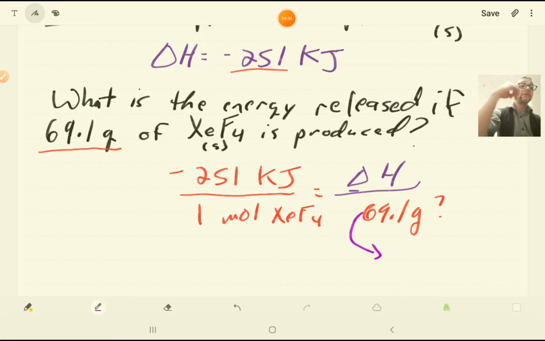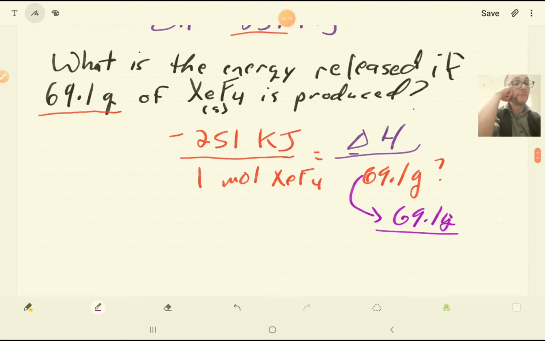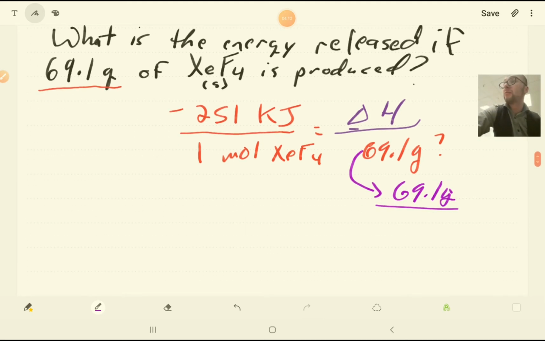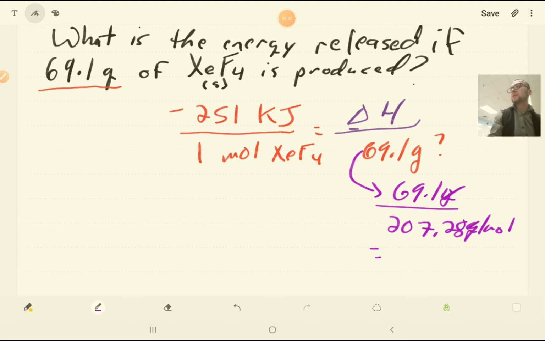Like we did in our previous question, we're going to take the 69.1 grams and convert it to moles by doing 69.1 grams divided by the grams per mole of xenon tetrafluoride, and that's about 207.28 grams per mole. Then we end up with a molar amount of about 0.3336 moles.